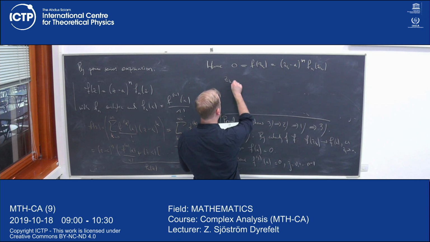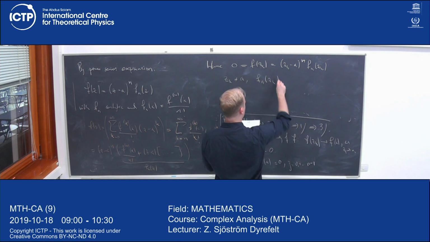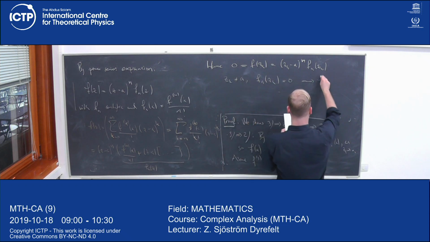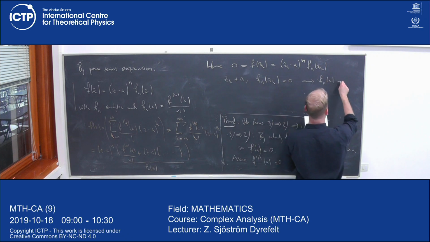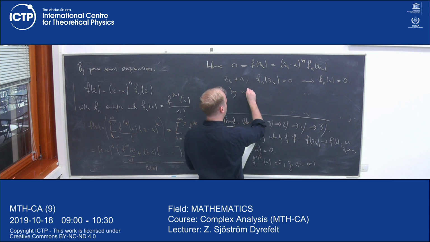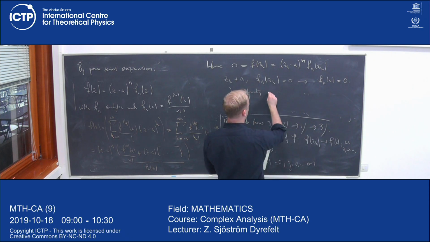And if zk is not a, all of these things are 0, so fn of zk is 0, and this implies that fn of a has to be 0 by continuity. So fn of zk converges to fn of a.